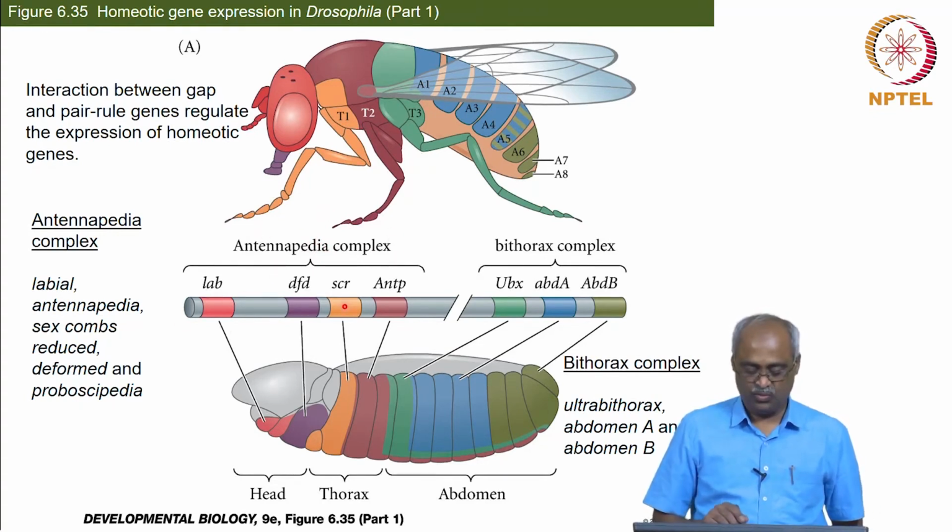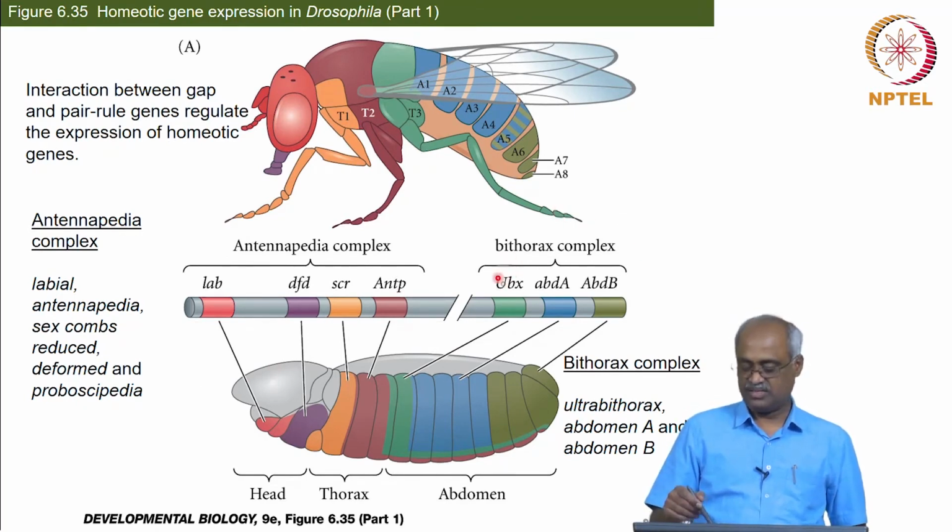That has genes labial, deformed, sex combs reduced, antennapedia, and another one which is not marked here. And then another complex, the bithorax complex. The bithorax complex has ultrabithorax, abdominal A, and abdominal B.